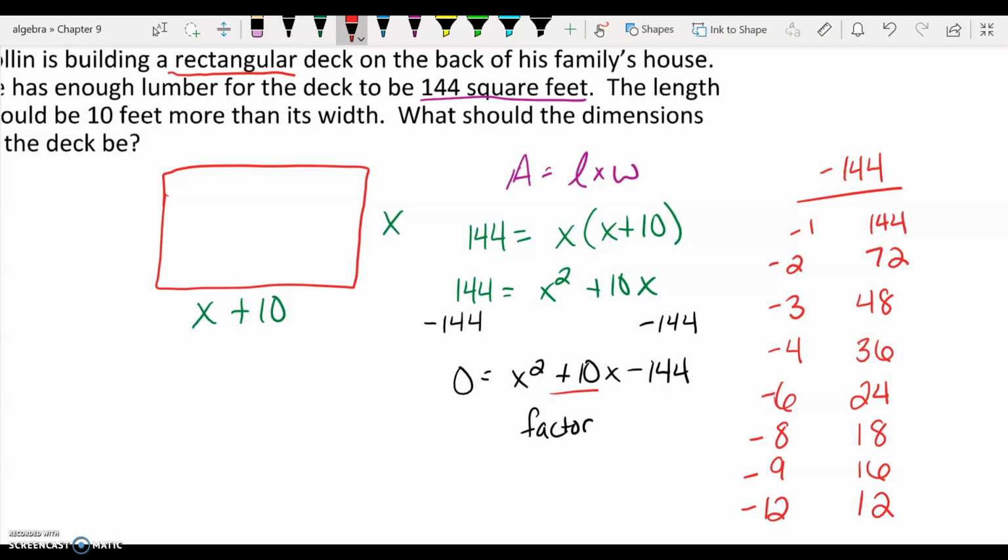Now which of those adds up to 10? It's going to be that one right there.